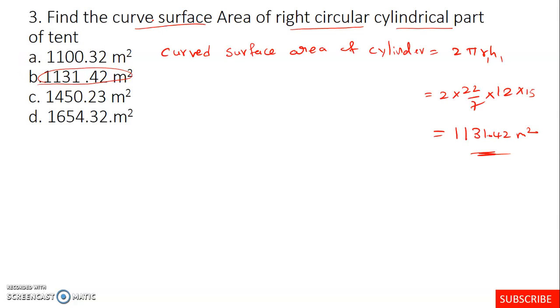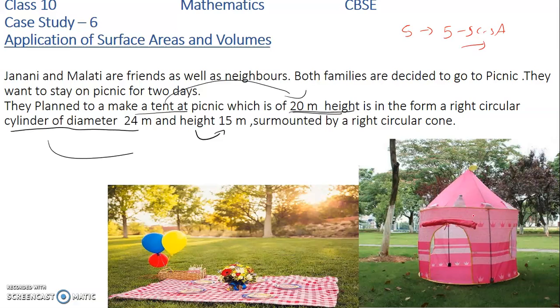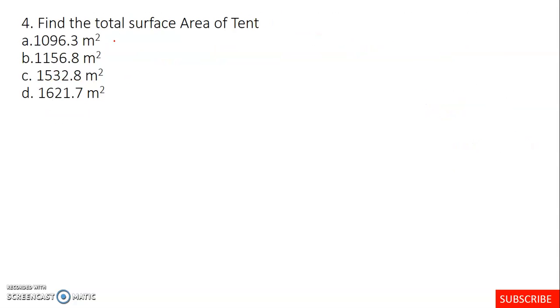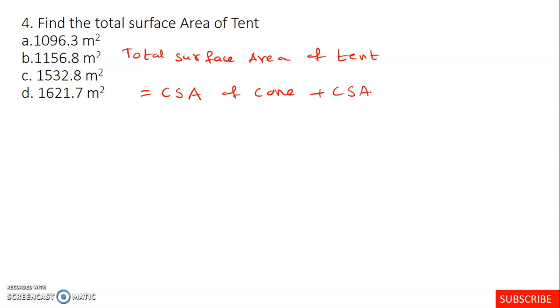Next, you have to find the total surface area of tent. Total surface area means you have to find the curved surface area of cylinder and the curved surface area of cone. So you should write here, total surface area of tent is equal to CSA of cone plus CSA of cylinder.